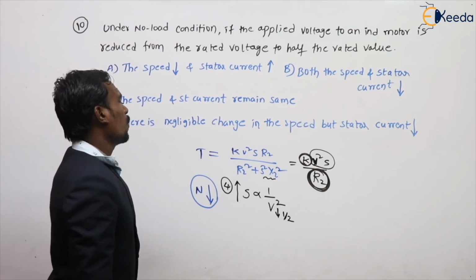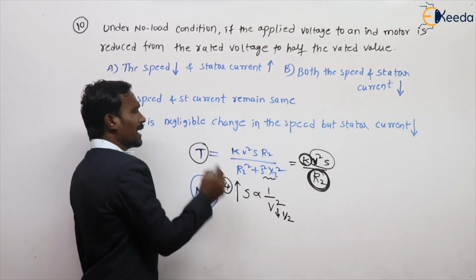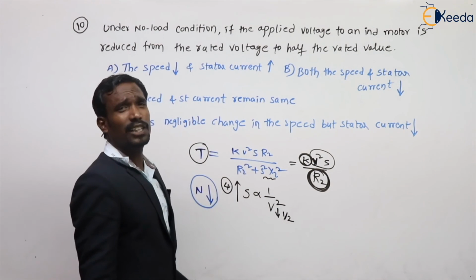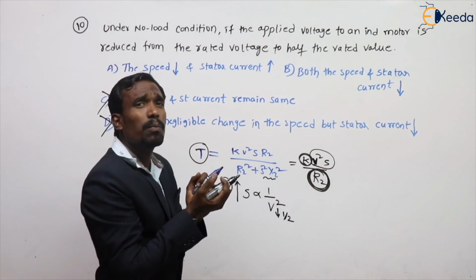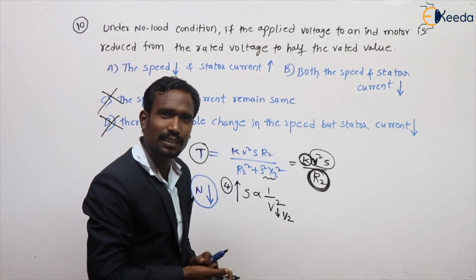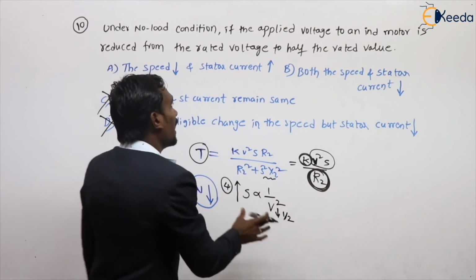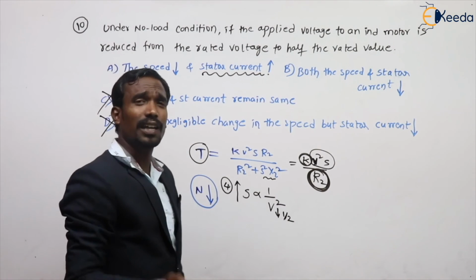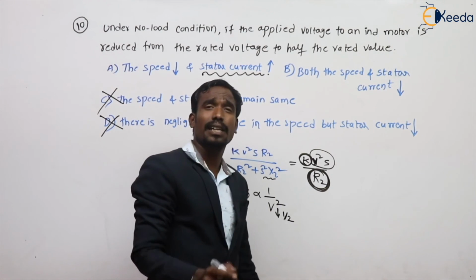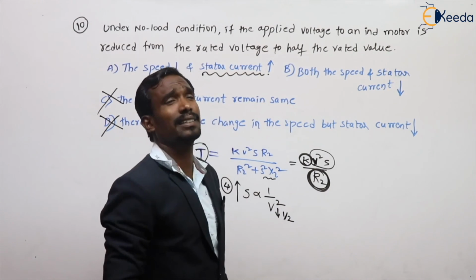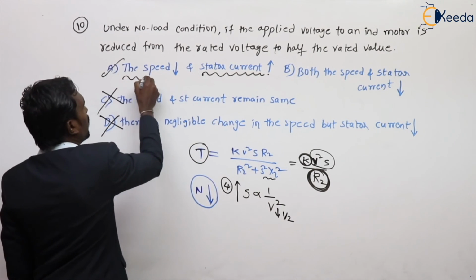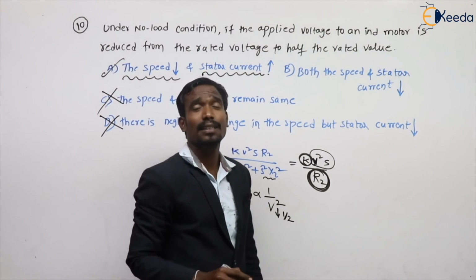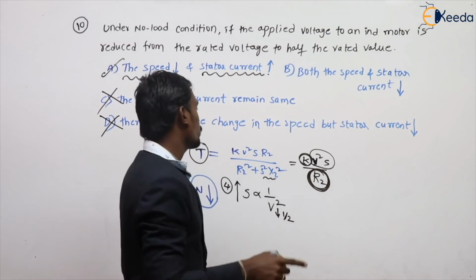Let's see here. The torque should be constant. When voltage decreases, the machine draws slightly more stator current. So the answer is that speed decreases and stator current increases to tackle the torque.